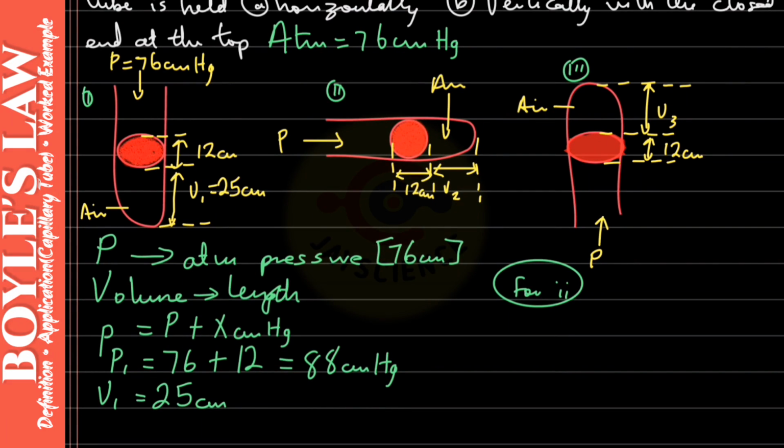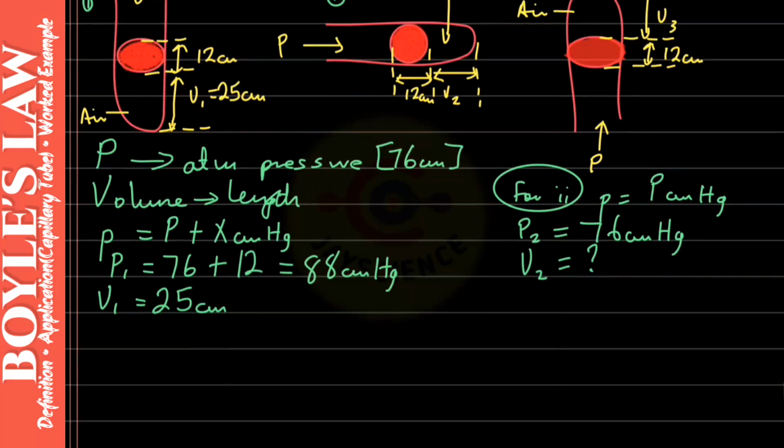So what do we know about 2? We know that when it is horizontal, the gas pressure is equal to the atmospheric pressure. So we can say P2 in this case is equal to 76 centimeters of mercury. Then V2 is what we're trying to find out.